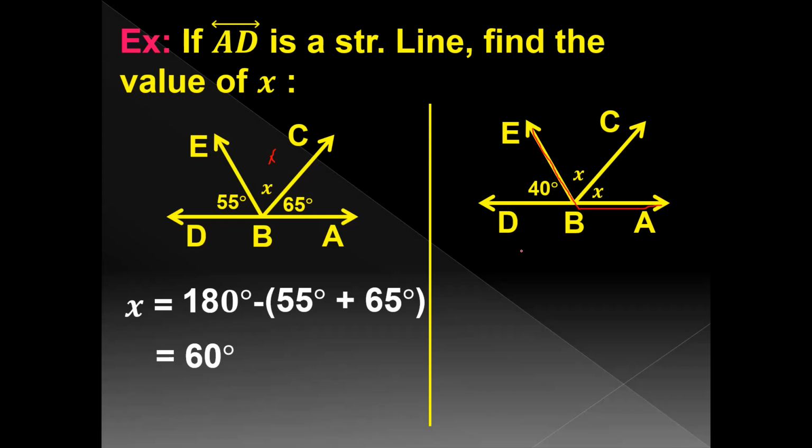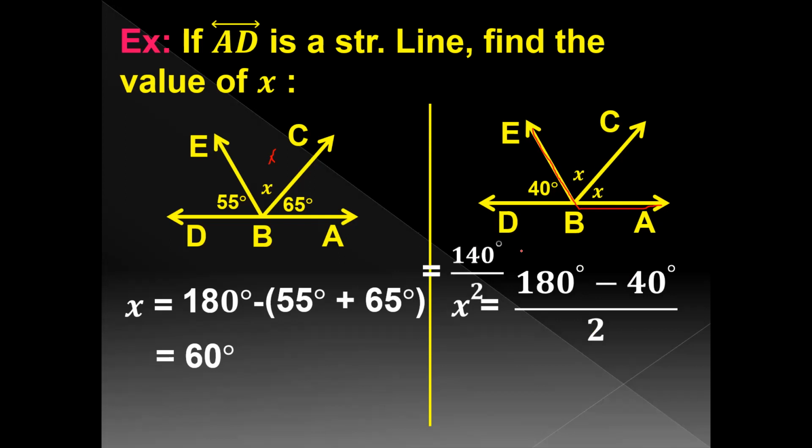So the value of x will be 180 minus 40, divided by 2. So each x will be 70 degrees. So the value of x will be 70 degrees. Okay.